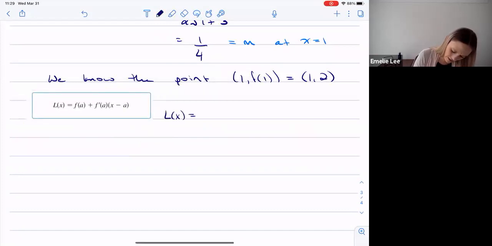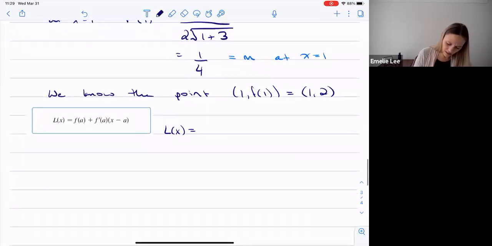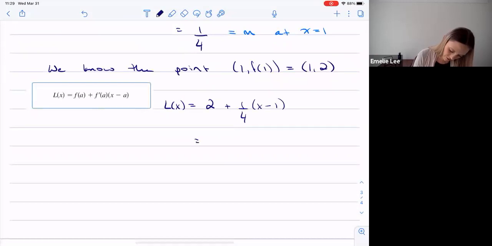So L of x is f of a, which is 2, plus 1 over 4 times x minus 1. So the linearization is 2 plus 1 over 4x minus 1 over 4.